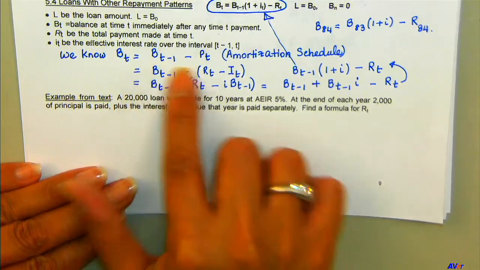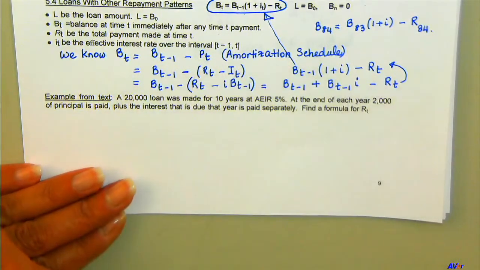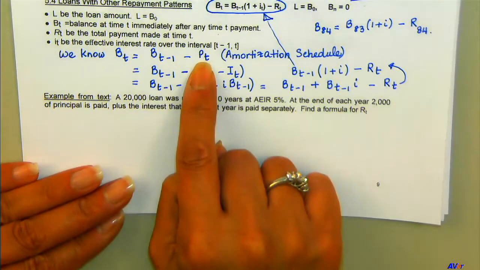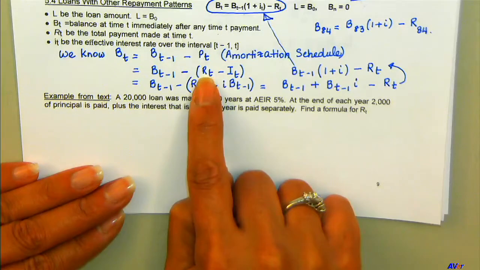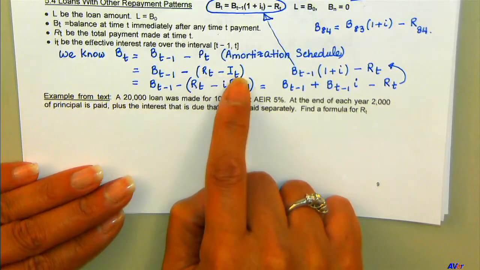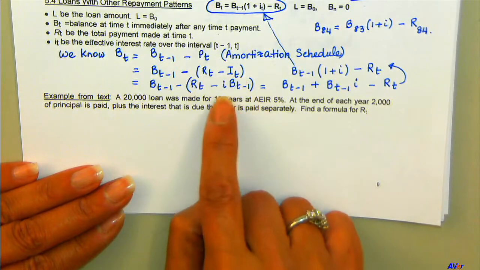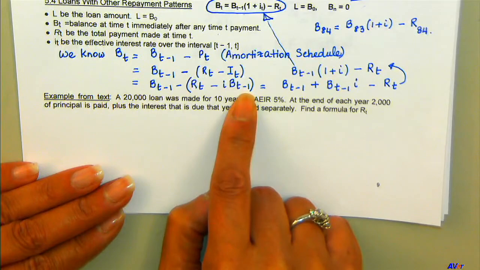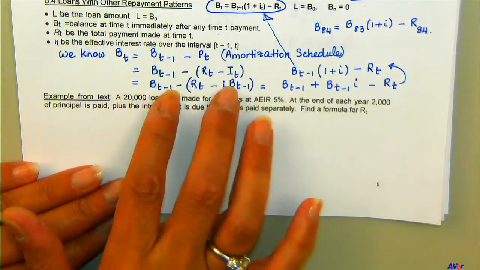This we can see clearly on our amortization schedule. Then we replaced principal paid at time t by the total payment at time t minus the interest at time t. Next we replaced the interest by i times OLB_{t-1}. And then put it all together.